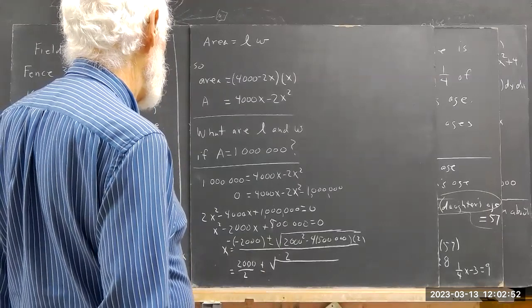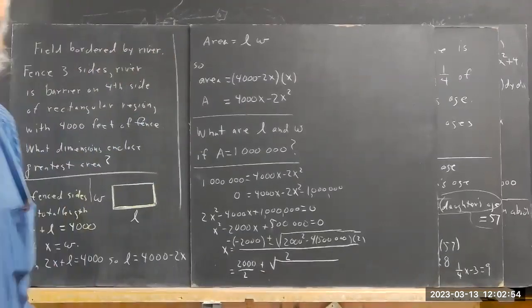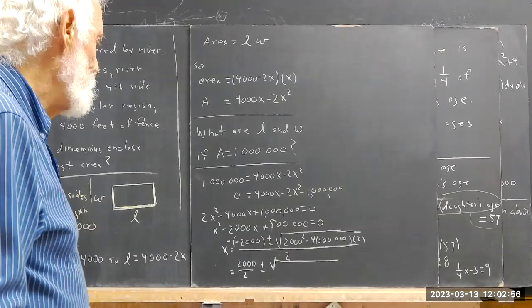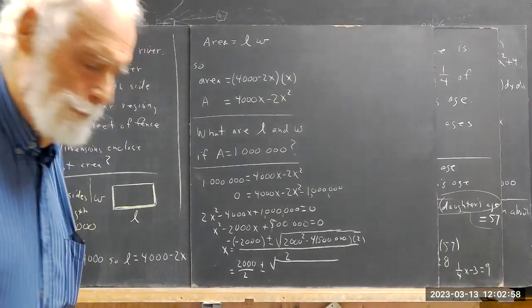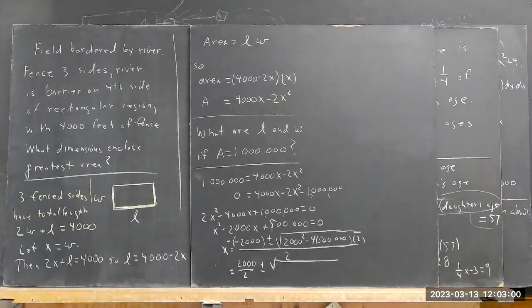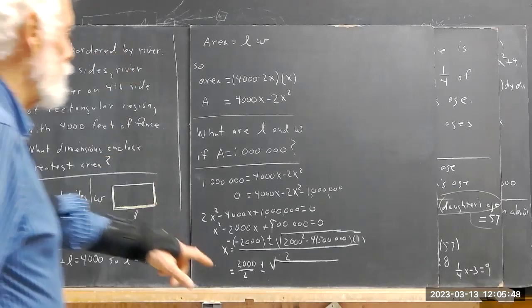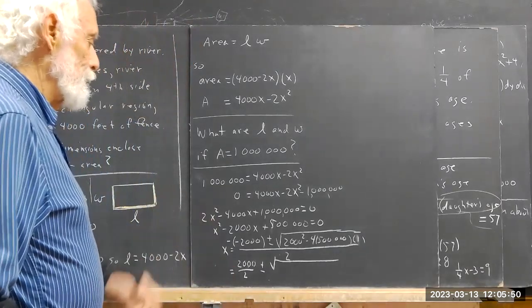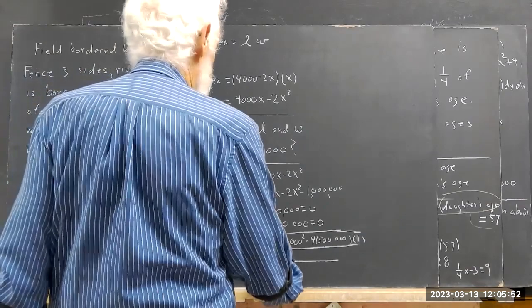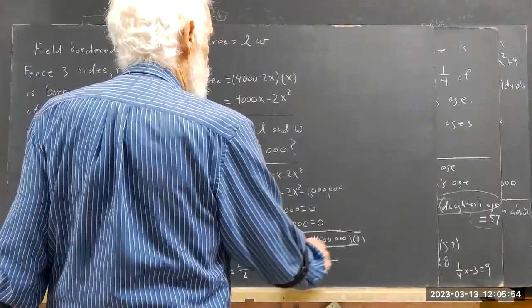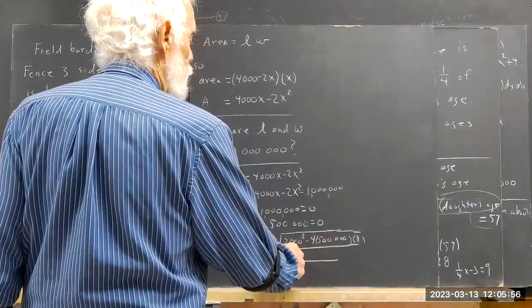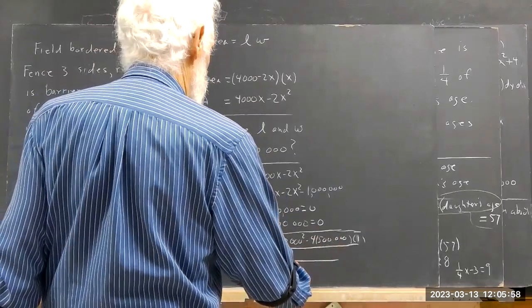Actually, probably not. Anyhow, well, let's see where we end up here. This is going to be 2 million. That's going to be 4 million. So you've got to get 2 million there.